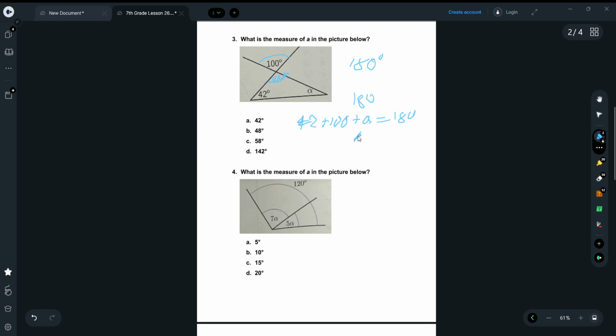You get angle A equals 180 minus 142, and from that you'd get 48. So your answer would be B.